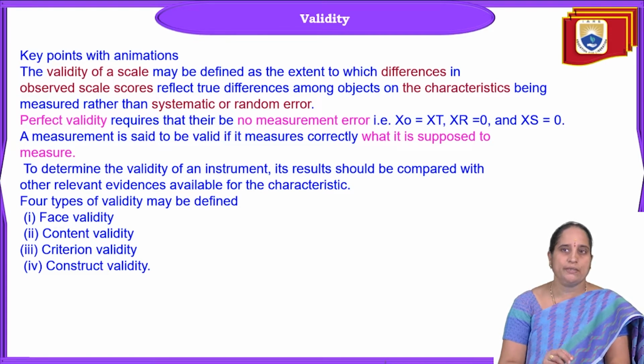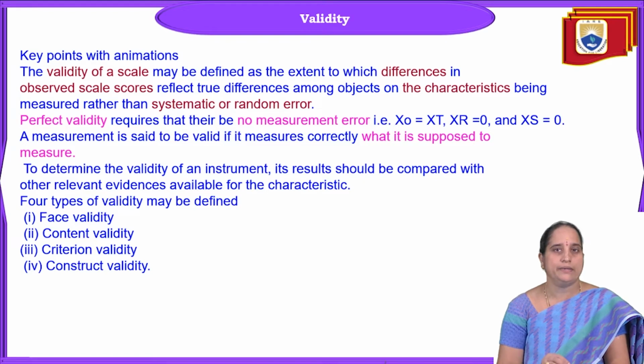We want to find out what difference exists between the observed scale scores and the true scores of the characteristic. The degree to which the difference in observed score reflects the true score of the attribute being measured, rather than systematic and random error, is known as validity.